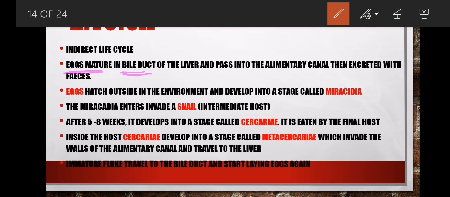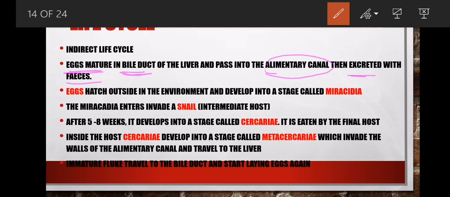When the eggs get matured in the bile duct, then they will go to the alimentary canal. What will happen to the eggs in the alimentary canal? The eggs will be excreted with what? With the manure, your feces. That's what is happening. You have the eggs, they go through the bile duct, they pass to the alimentary canal, then they move up until they're excreted.